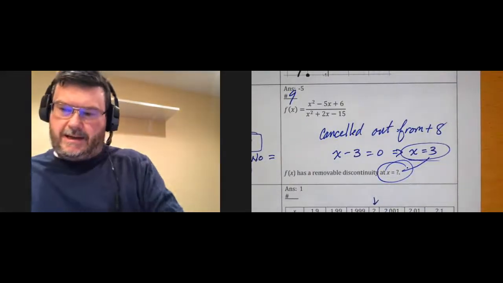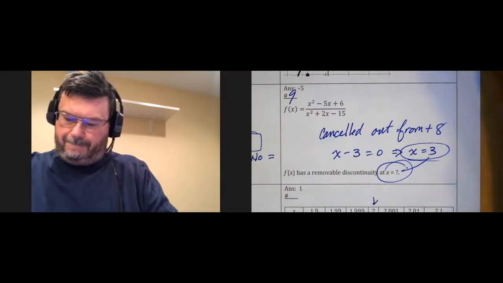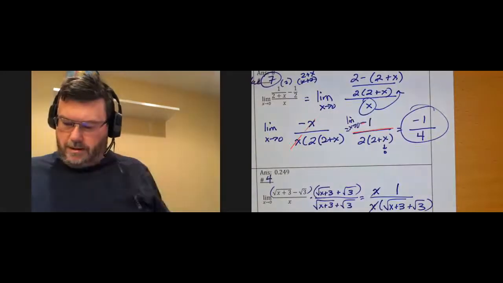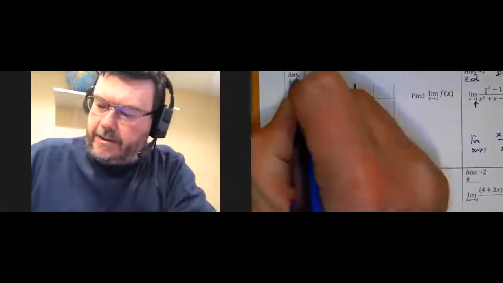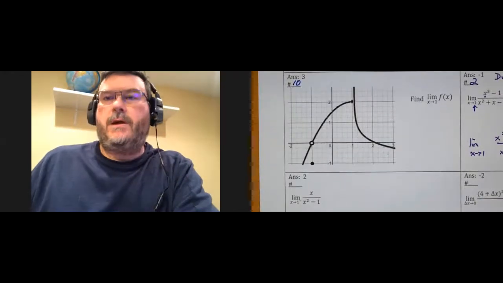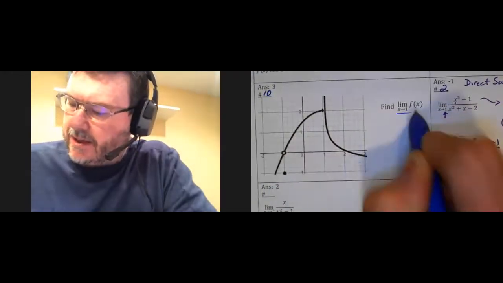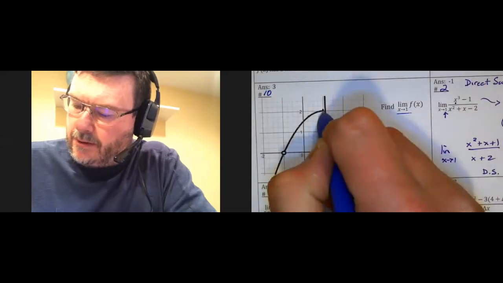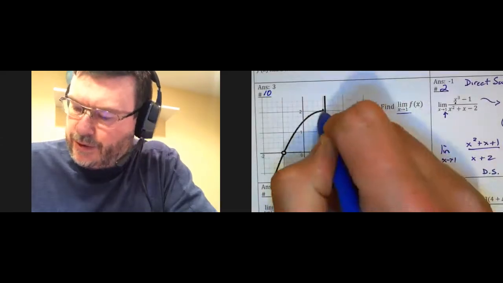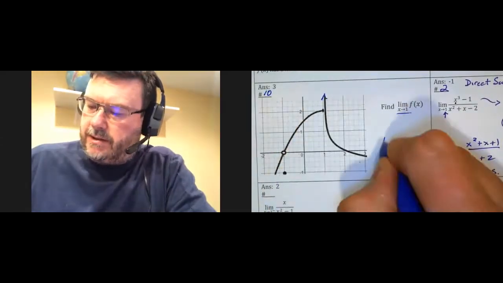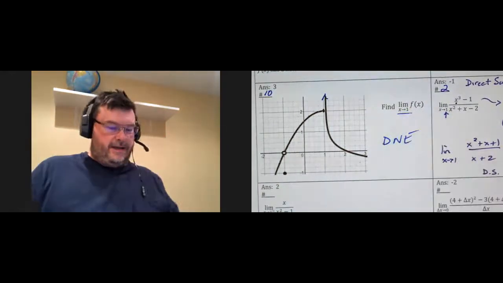So number 10 is where x equals 3. Number 10 is x equals 3. That's this one. They want the limit as x approaches 1. So in this case, when x approaches 1, this is going to a spot, and this is going to 2, this one's going to infinity. So this one does not exist.